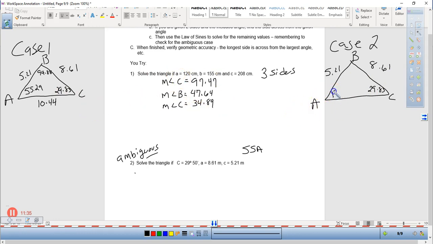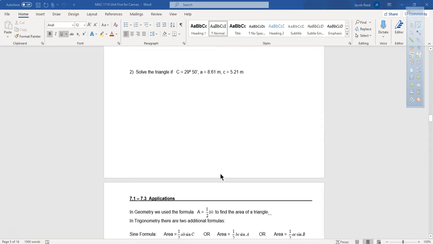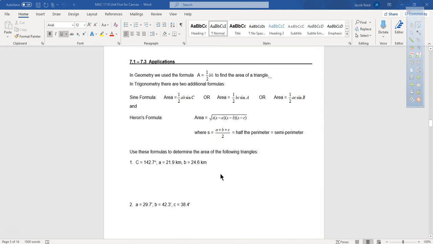So in this case, angle A is 124.71, which means that angle B is 25.46, and across from angle B is 2.74. Yet again, geometric accuracy works out for this triangle also. Okay. So remember, if you have any questions on this, make sure to send me an email. But moving on to application problems.